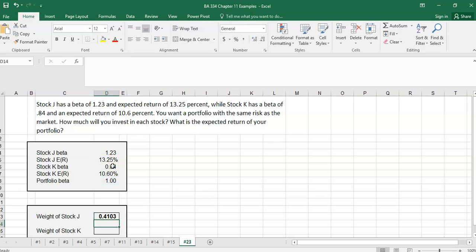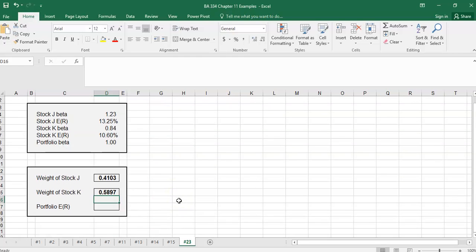Okay, so we have the weight of stock J. Now the weight of K is the remainder of the portfolio. So we know that the two weights have to add up to 1. So 1 minus the weight of stock J will equal the weight of stock K.